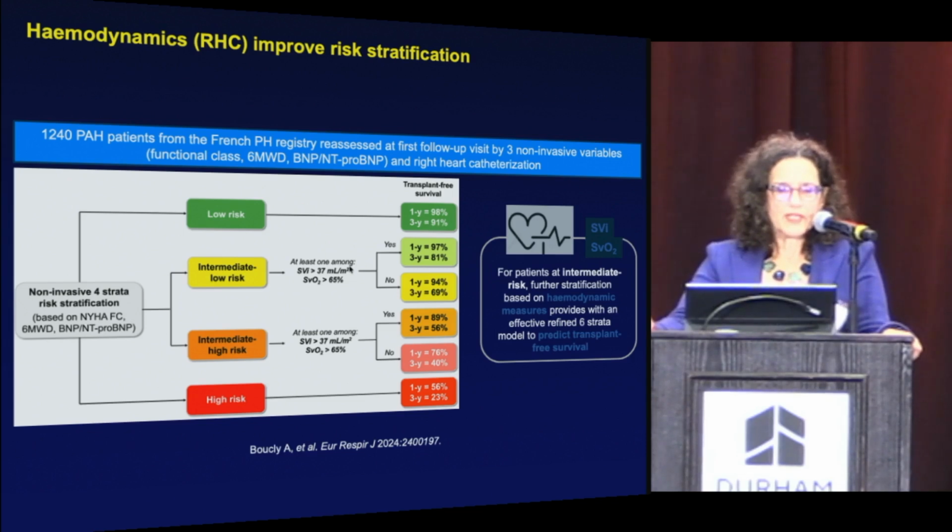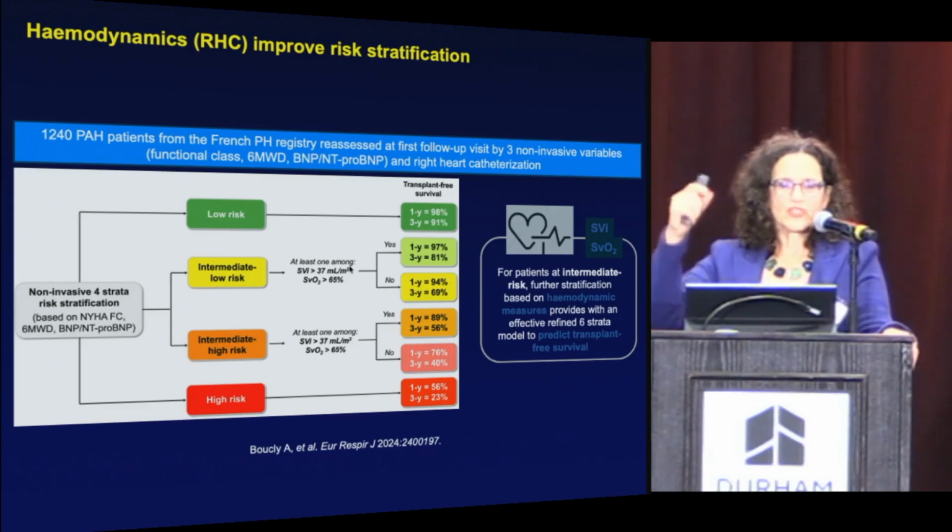In the high risk patients, their survival was horrible, no matter what their hemodynamics were. But in the intermediate low and intermediate high risk patients, the hemodynamics that were most prognostic were stroke volume index and SVO2. So again, reflections of right ventricular function.